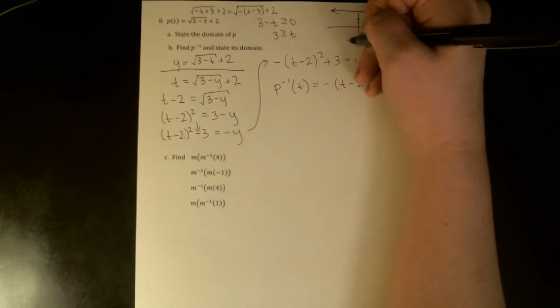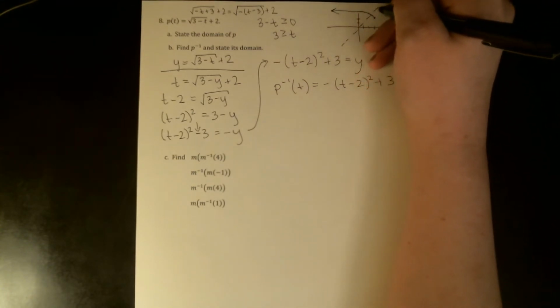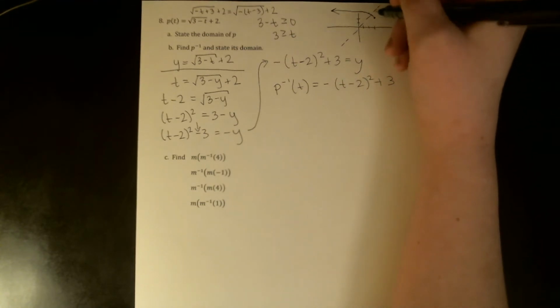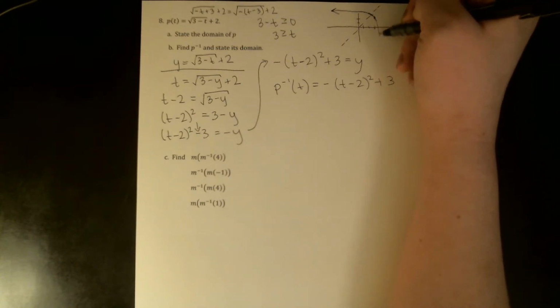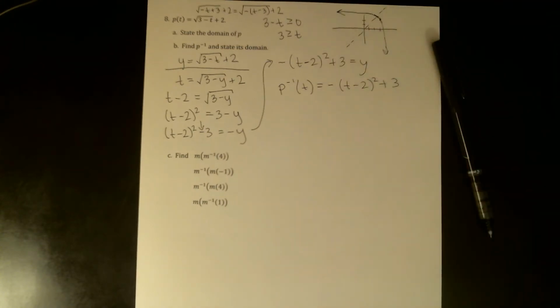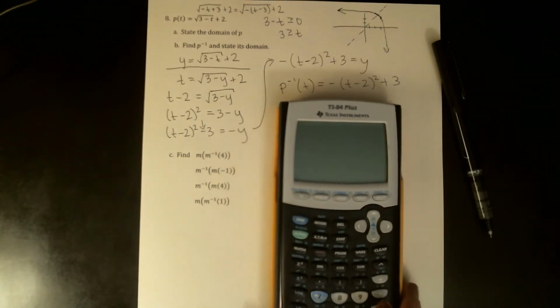Which means when I flip across the line y equals x, I should get something. I actually think what's happening here is that these 2 points are really close, but it heads out this way. Let me show you on my calculator, because I don't think that's looking all that easy to follow.